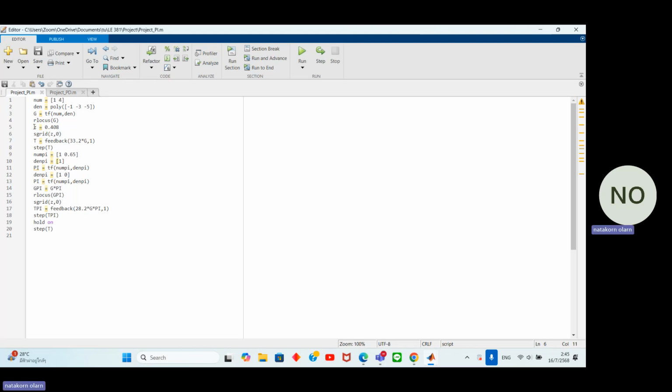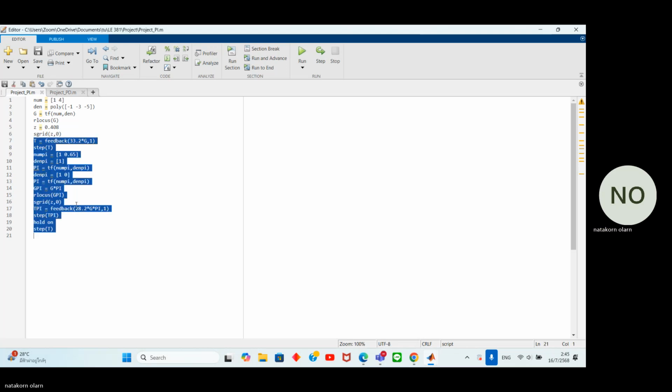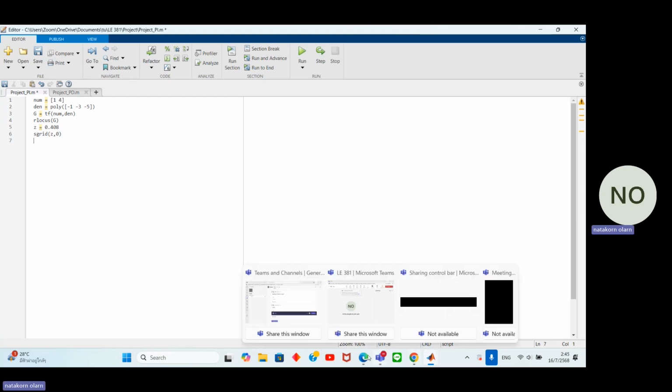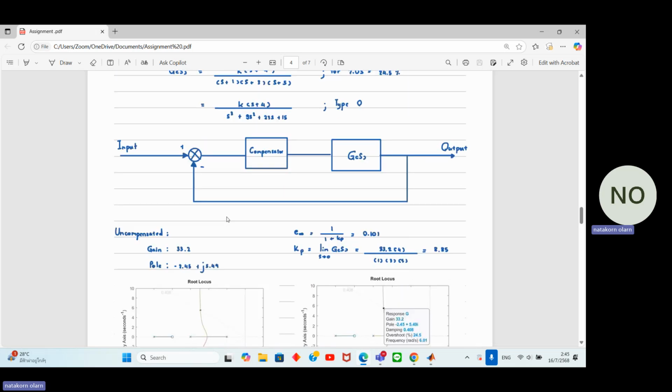So start with the uncompensated system, for which I selected an overshoot of 24.5%, which gives a damping ratio of 0.458 from the calculation.